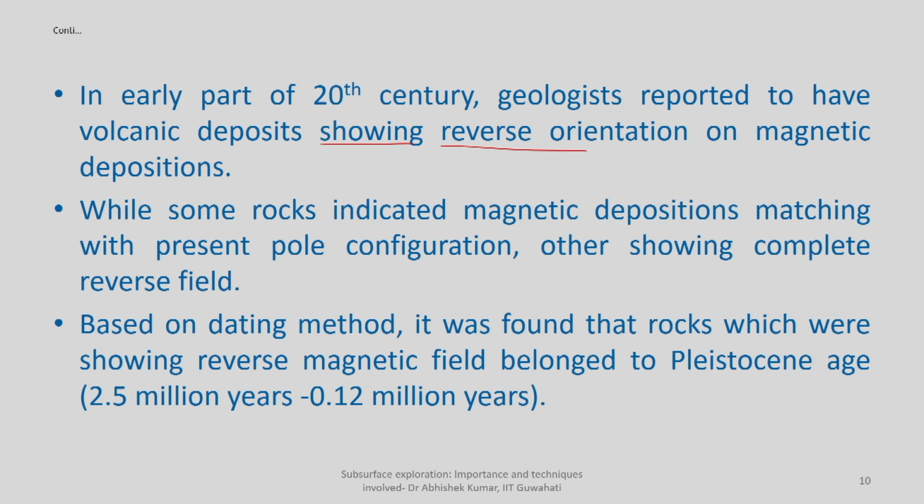So, when people started analyzing the volcanic rocks available in that particular region, while some rocks indicate magnetic deposition matching with the present configuration of the magnetic poles, others show a complete reverse field. A reverse field in terms of magnetic configuration, indicated by deposited magnetic minerals, is an indication that at the time when these deposits cooled or came onto the surface, the direction of magnetic north and magnetic south was not the same as it is today.